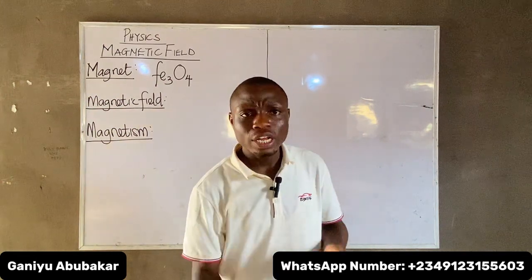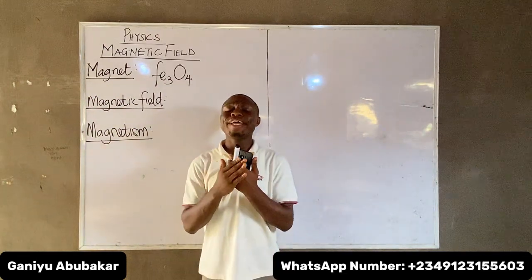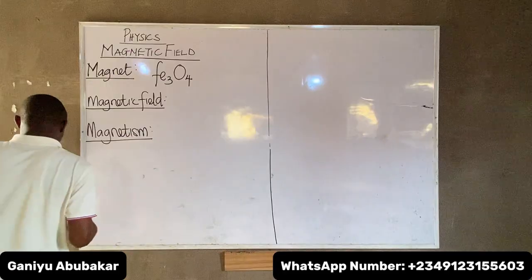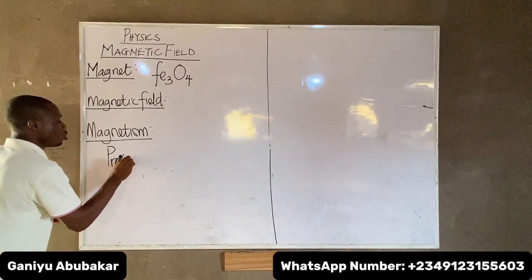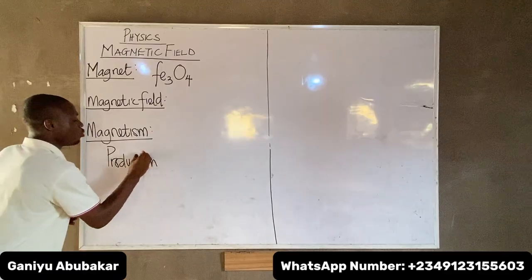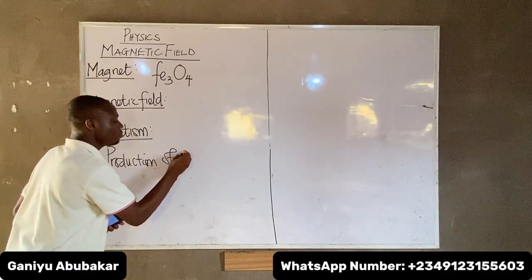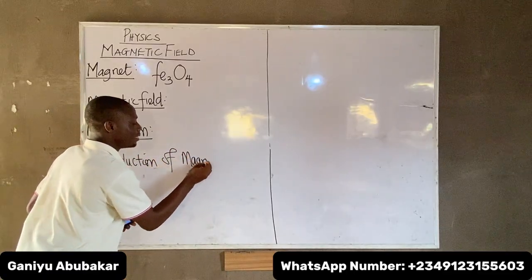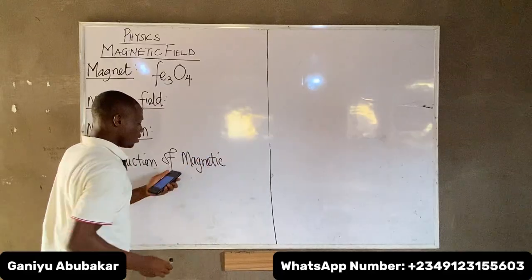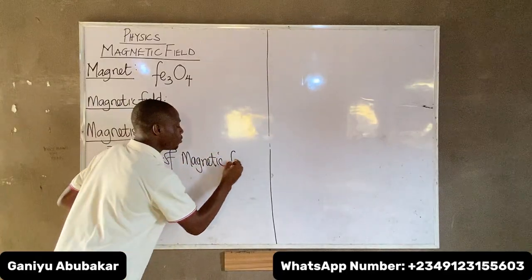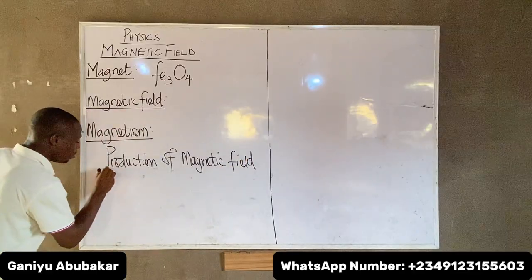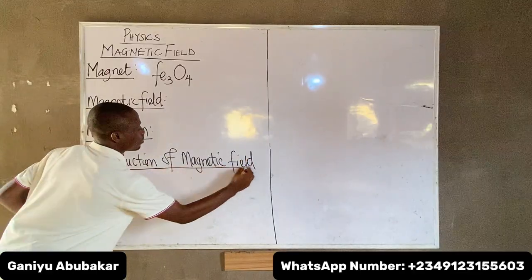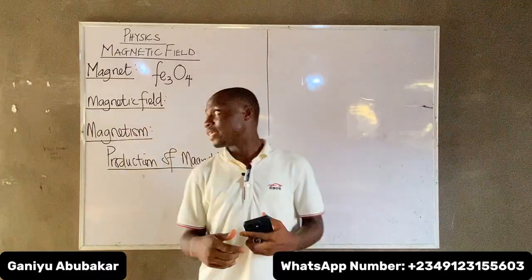At this junction, let's look at another important heading called production of magnetic field. This is another important aspect.